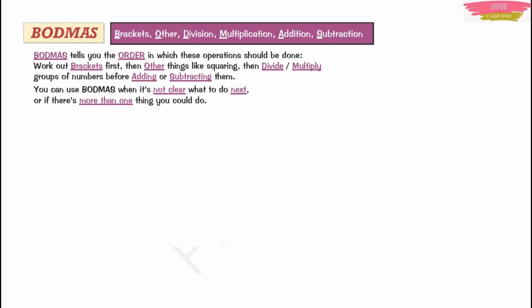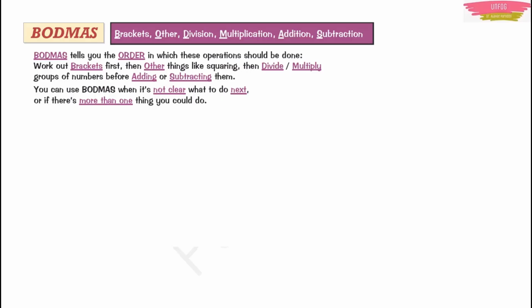You have to follow certain steps to solve. You cannot first do whatever you feel, then you will get the wrong answer. If you follow this procedure of BODMAS, then only your answer will be correct. Now what is this BODMAS? The full form of BODMAS is brackets, order, division, multiplication, addition, subtraction.